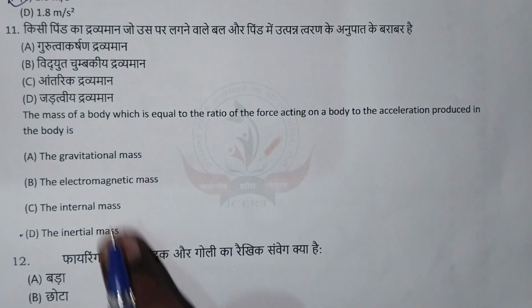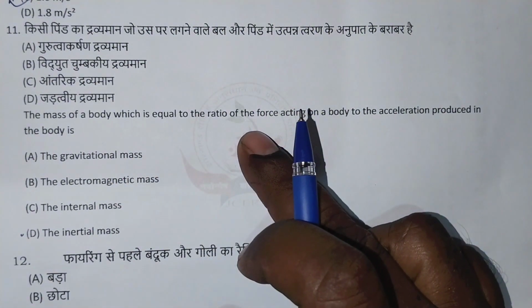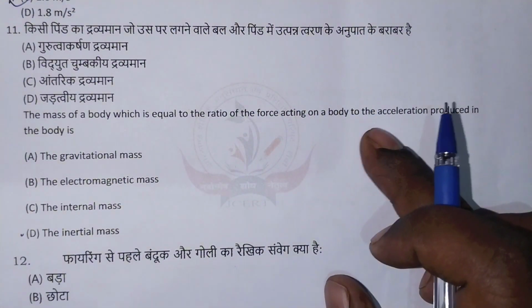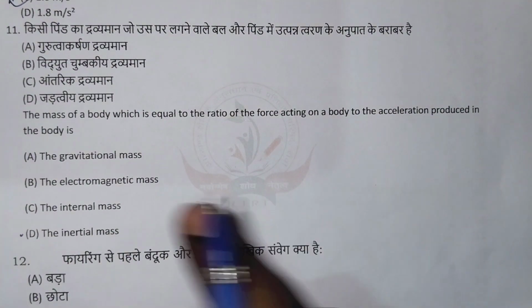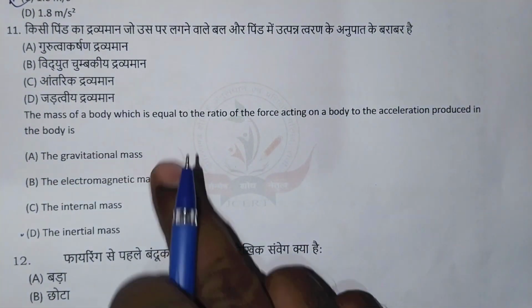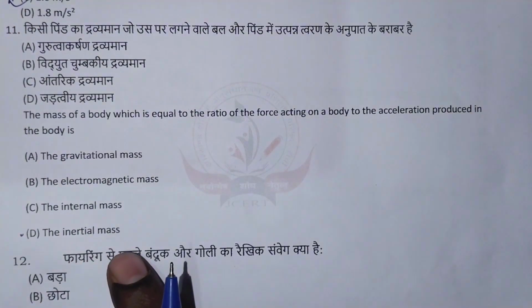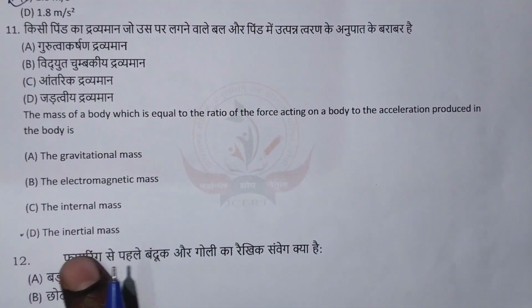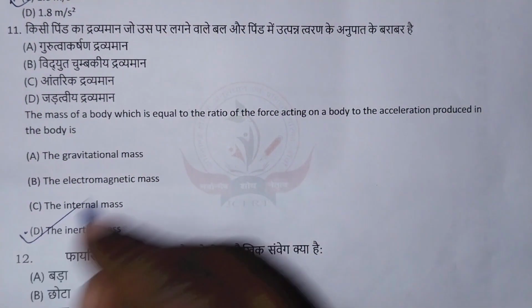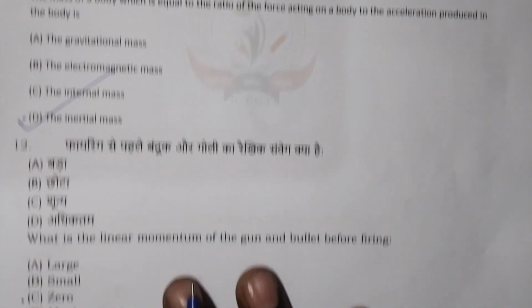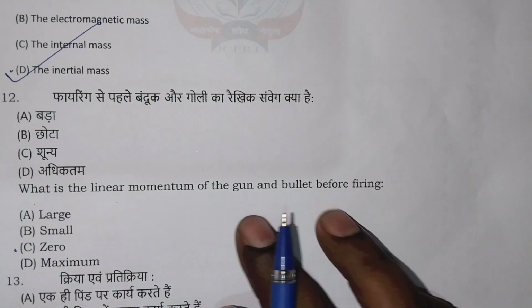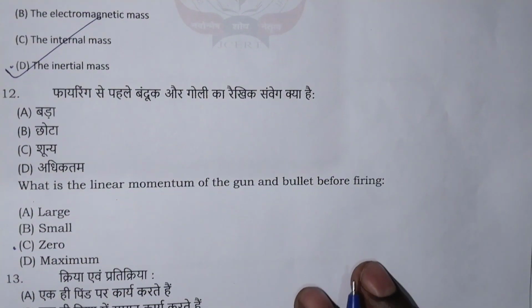The mass of a body which is equal to the ratio of the force acting on the body to the acceleration produced in the body is the gravitational mass, the electromagnetic mass, the internal mass, the inertial mass। Right answer D। What is the linear momentum of the gun and the bullet before firing?